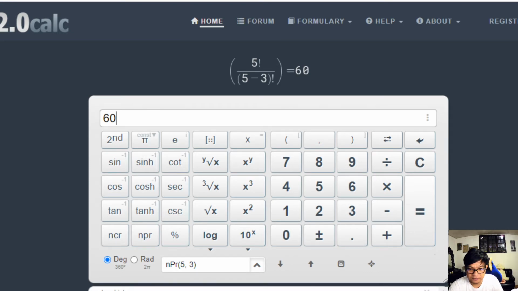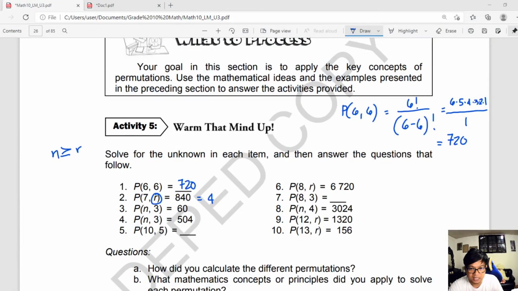So, we have to identify n, which is 5. Sorry, ang value ng n natin dito is 5. Same also with this one. Ganun din ang hanapin natin.